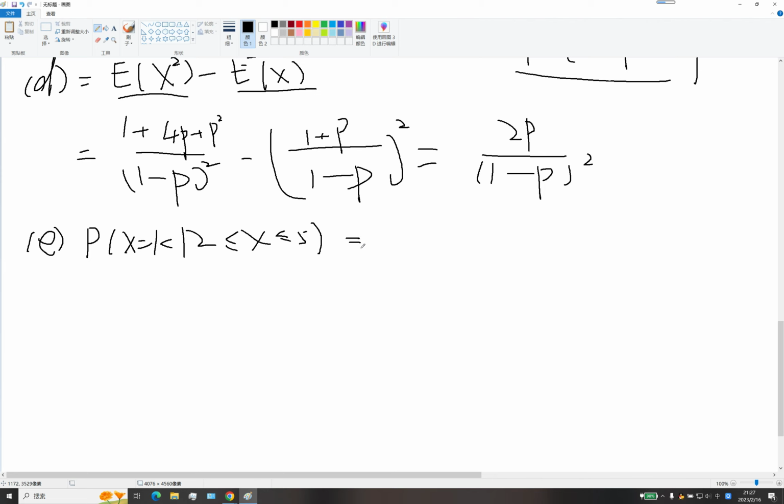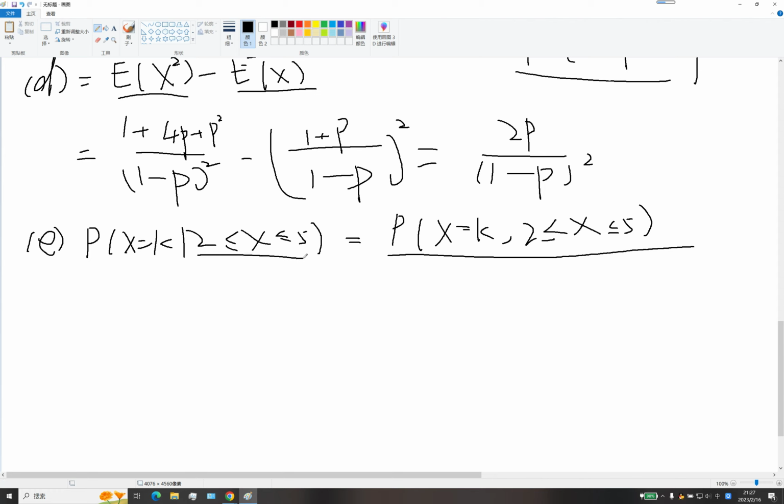We can turn it into this formulation: P(X equals k) while x is between 2 and 5, over this part, which is the sum for k from 2 to 5 of P(X equals k).